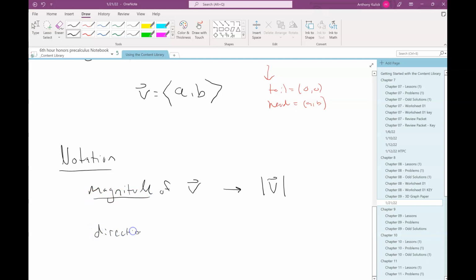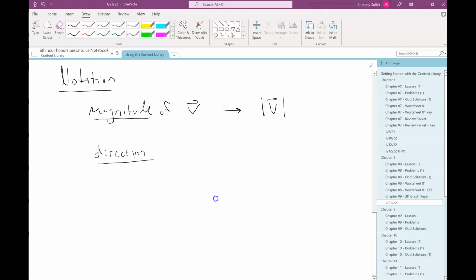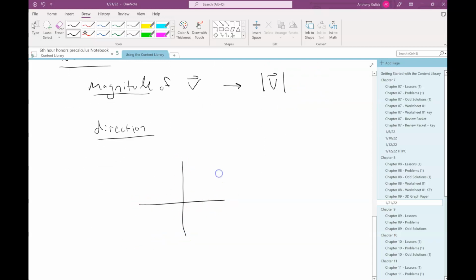So direction, there's no fancy notation here, but I would want to point out that if I have one vector that's pointed like this and another vector that's pointed like that, and I've tried to draw those so they look parallel. Do they look parallel to you guys? Near enough that we can imagine that they are.